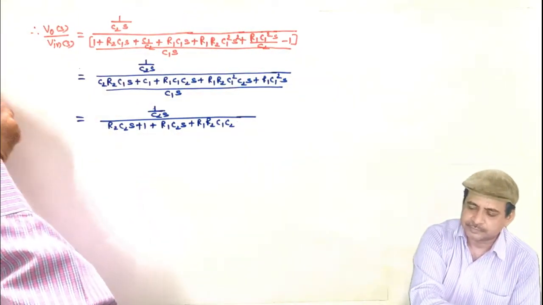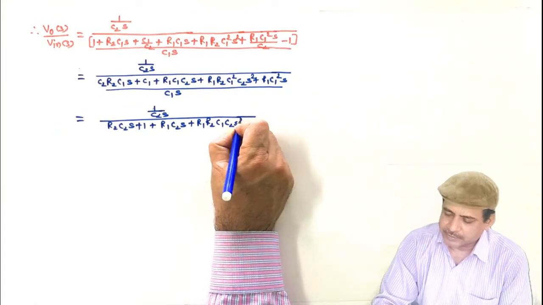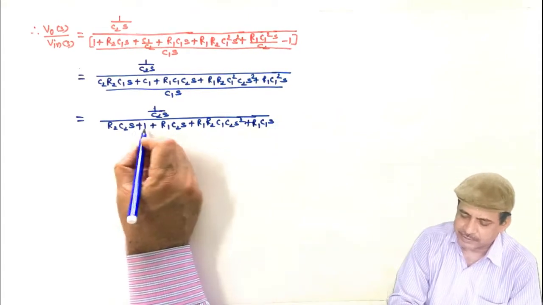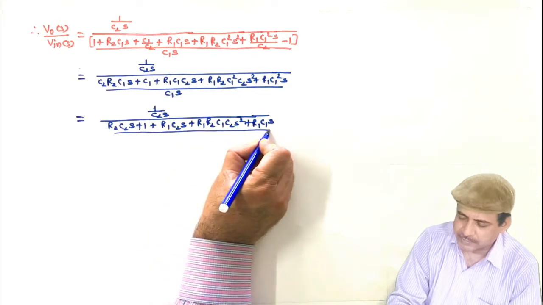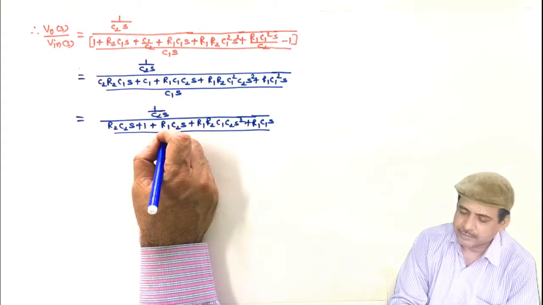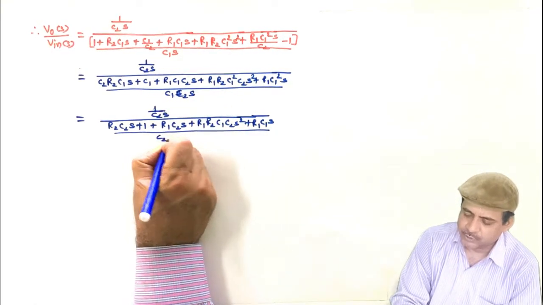So here also it will be S square, plus R1 C1 S, divided by C2S.